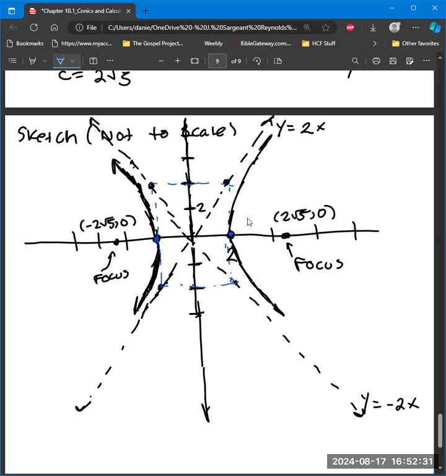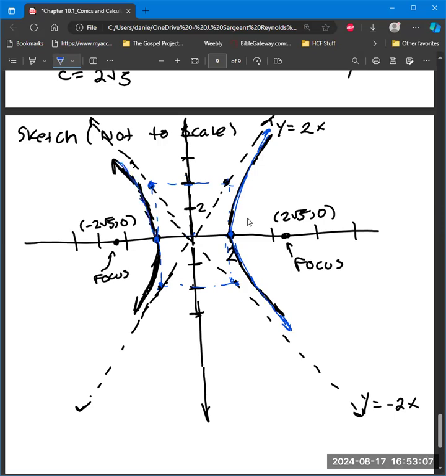If I start at my center of (0, 0), and I go up to right 1, down to left 1, that's a slope of 2 just because these are the same scale. Up to left 1, down to right 1, and I get these diagonal lines that I can draw here for my asymptotes. I'm going to keep my hyperbola pieces between these asymptotes of y equals -2x and y equals 2x.